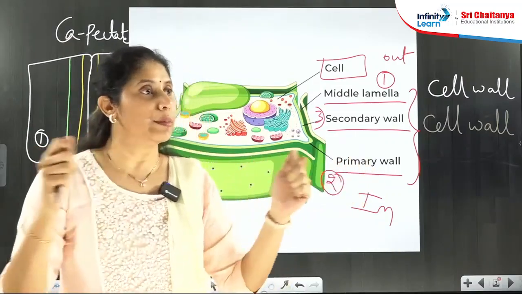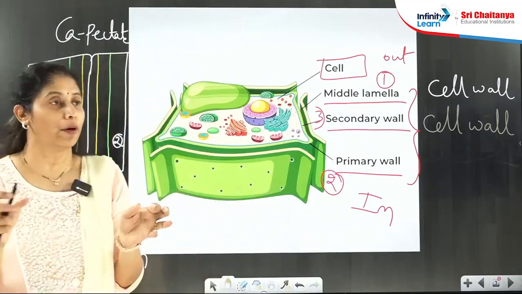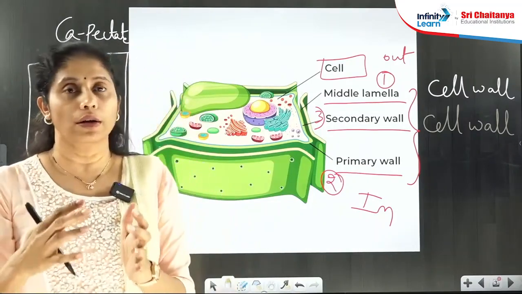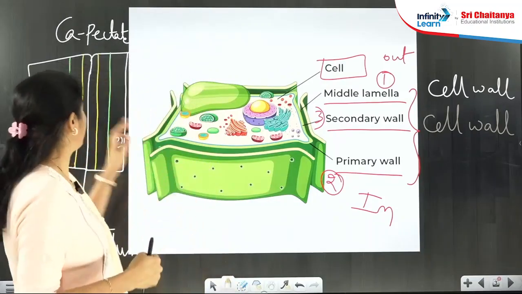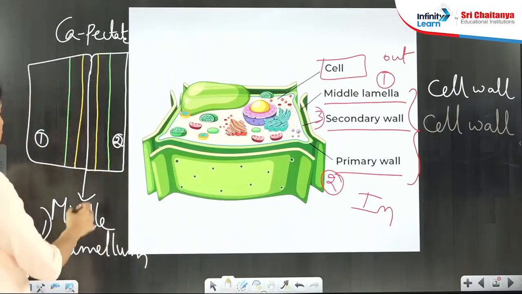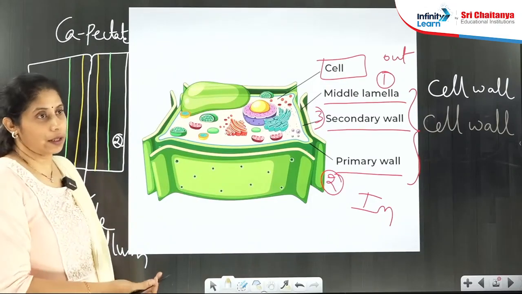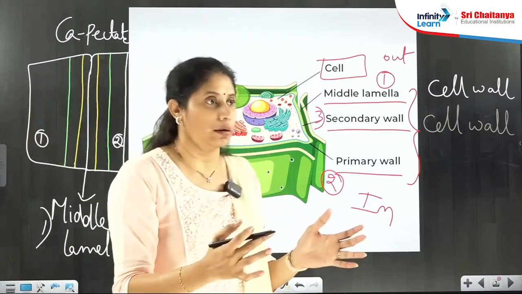The 2 cells will be connected together because of the middle lamellum, which is made up of calcium pectates. So what is the main material with what the middle lamellum is made up of? Calcium pectate. So this is the cementing layer, and it will be connecting the 2 cells together. Okay, that is about the middle lamellum, which is the outermost one.